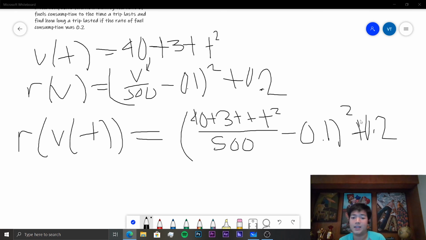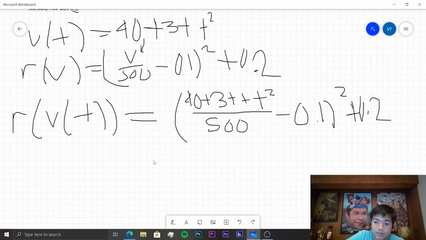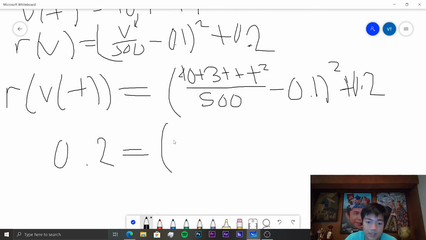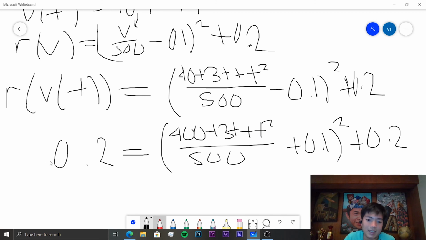Okay, and so we need to find the length of a trip if the rate of fuel consumption was 0.2. So let's work backwards. 0.2 must have equaled all of this, 40 plus 3t plus t squared over 500 minus 0.1 squared plus 0.2, and we can simply see that these two cancel out.